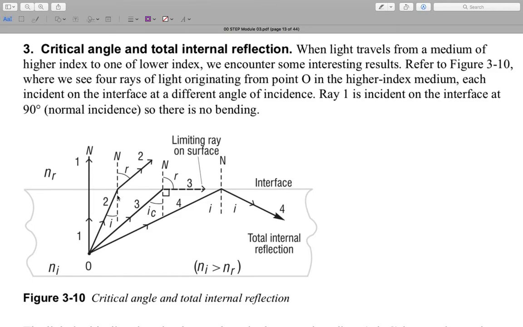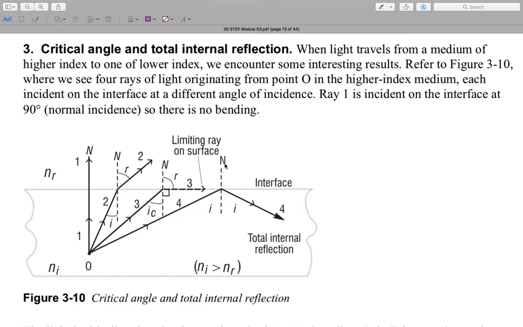And this is ray 2, where the angle of incidence i is larger and r is bent away from the normal. Ray 3 is when i is the critical angle, and r is at 90 degrees.